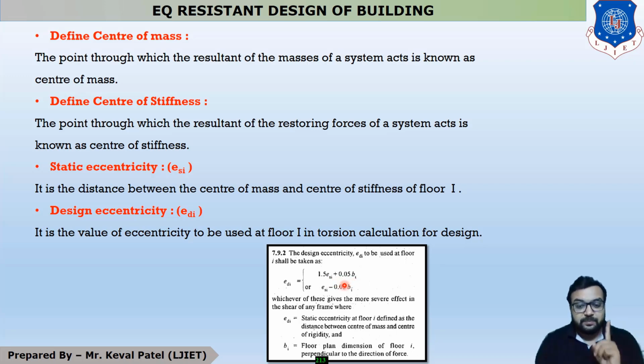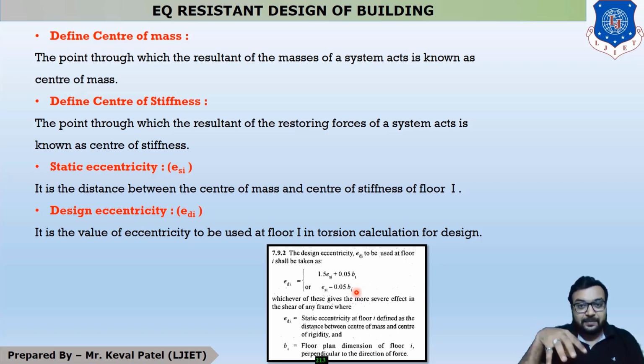The term bi is the floor plan dimension of floor i perpendicular to the direction of force. If this is 4 meter and your force is acting on this side, then the value of bi is 4 meter. If your building has 6 meter length and your force is acting on this side, then your value of bi is 6 meter.